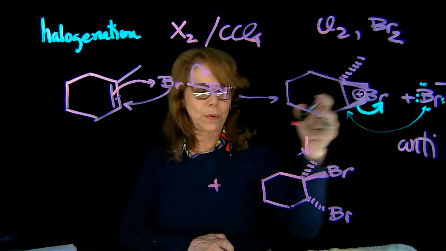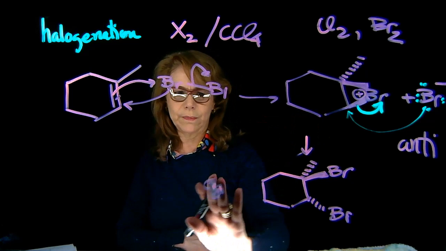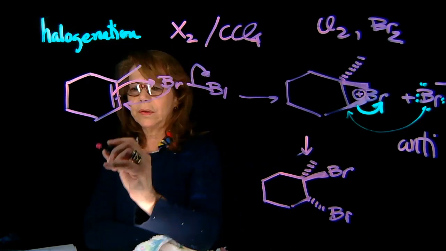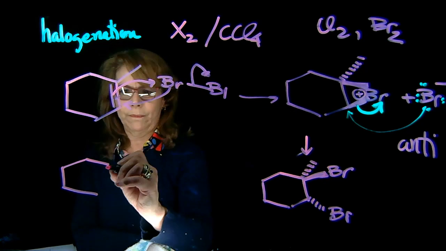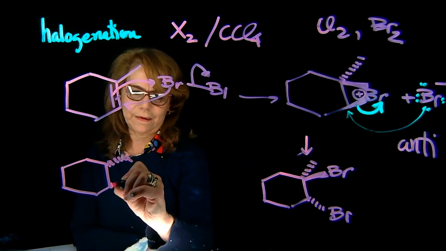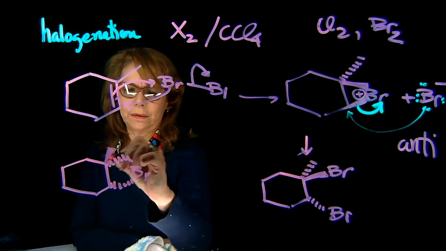So if this was on dashes, let me do the other bromonium to make it probably better. The other bromonium that you would form is, say that I added that like this. And now the methyl is here.